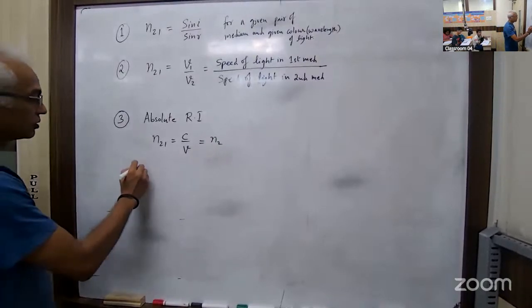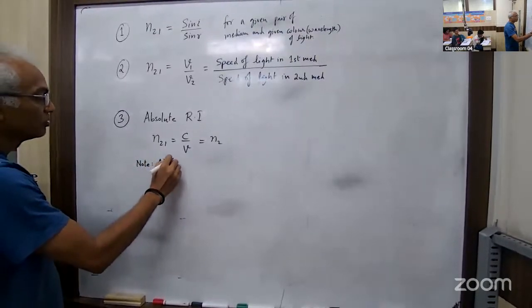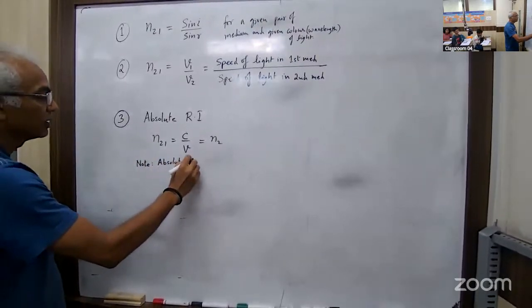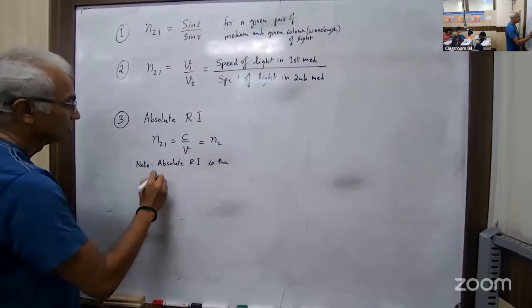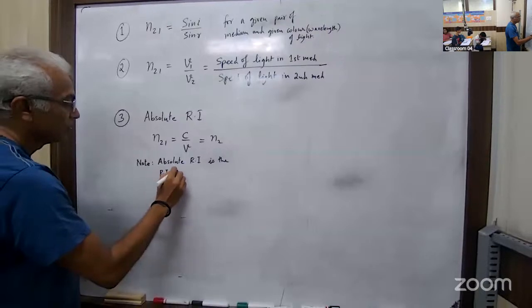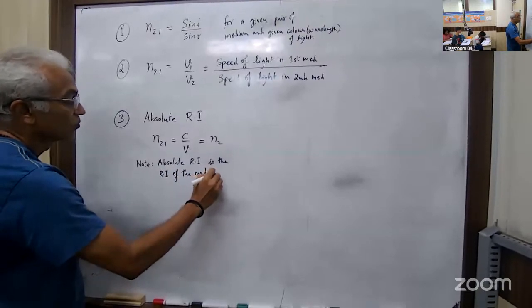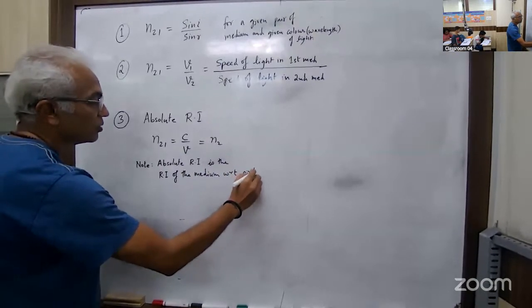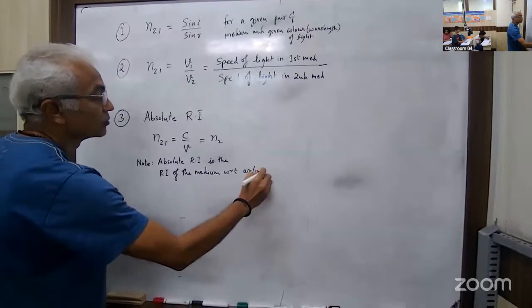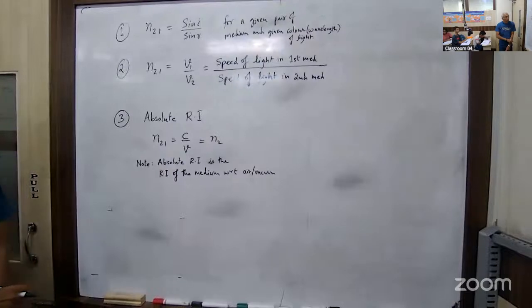So note, absolute refractive index is the refractive index of the medium with respect to air or vacuum.